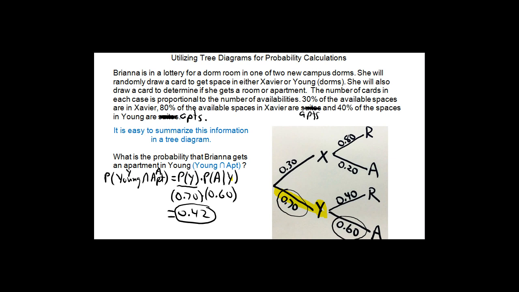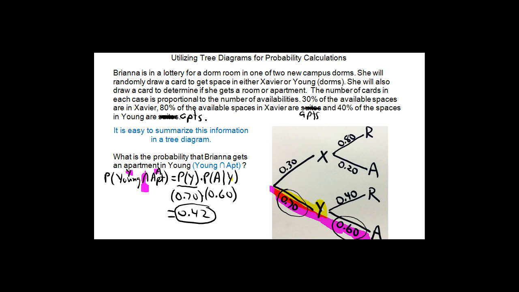But the main thing I want to say about this is when you're doing intersections and you have a tree diagram, the AND is just the product along the branch. That's the appropriate branch. So once I get my tree diagram set up, I know an AND is always going to multiply down the appropriate branch. Well, the appropriate branch is the one that has Young and an apartment.